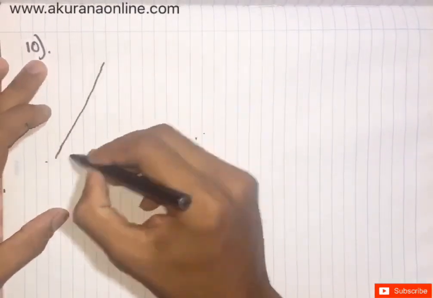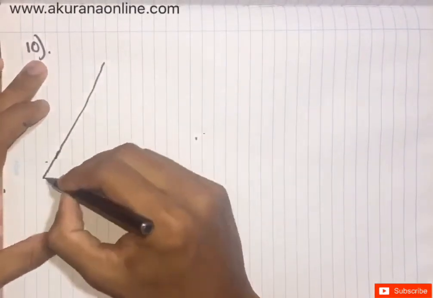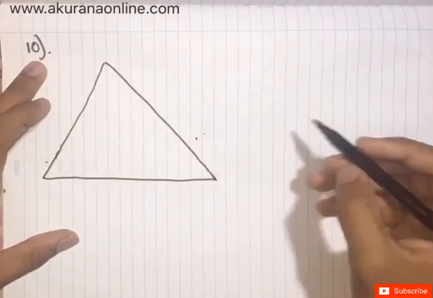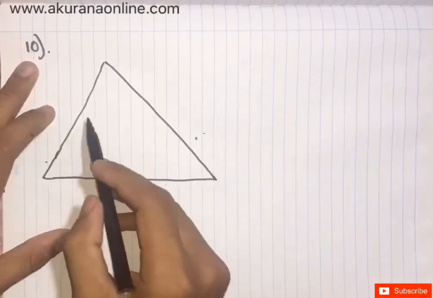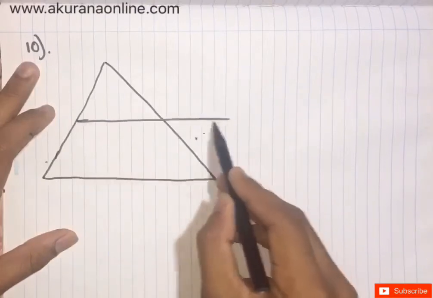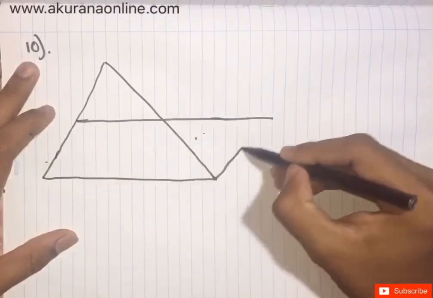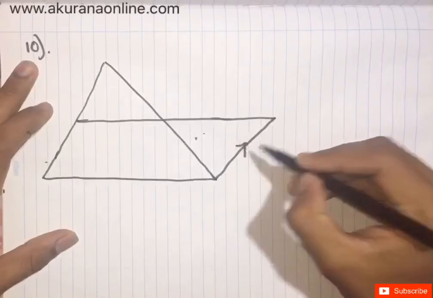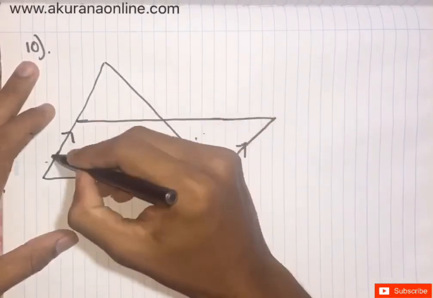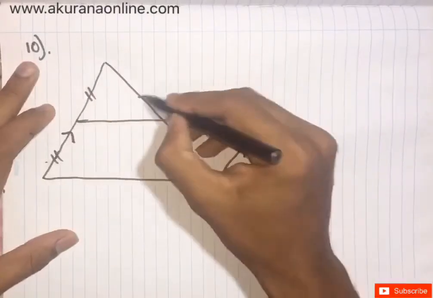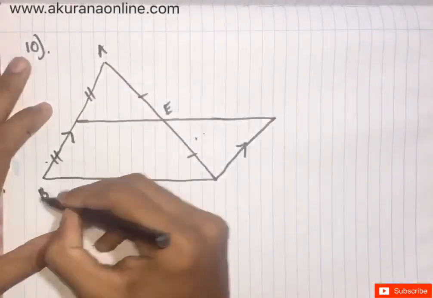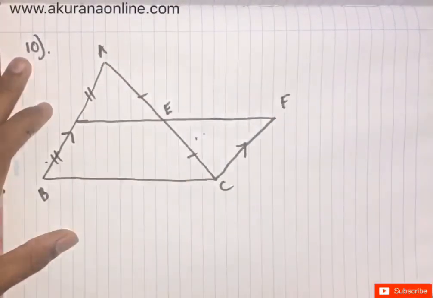So the triangle is something like this. They have marked parallel. These two are equal, it seems, and also this is equal. This is E, this is A, B and C, and you have F here.